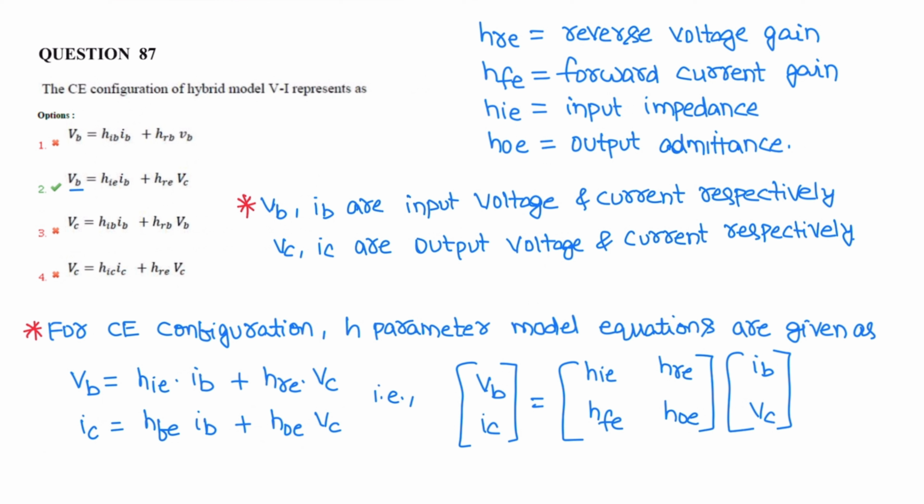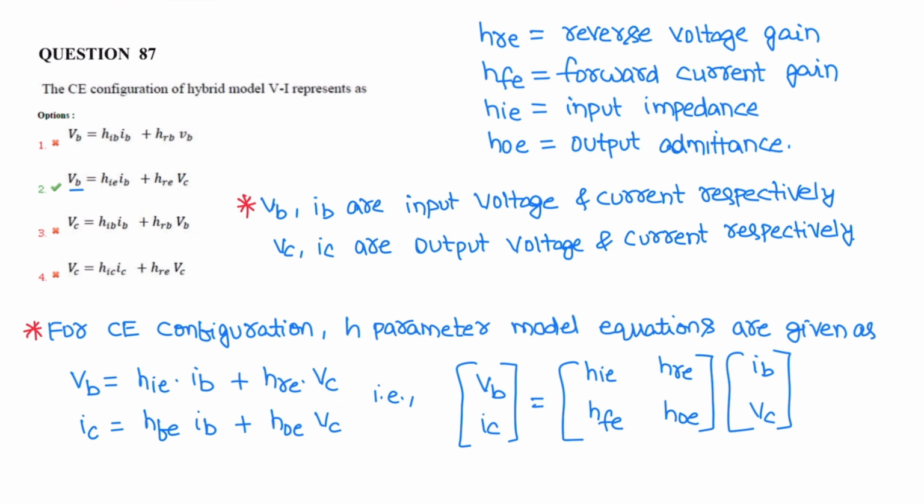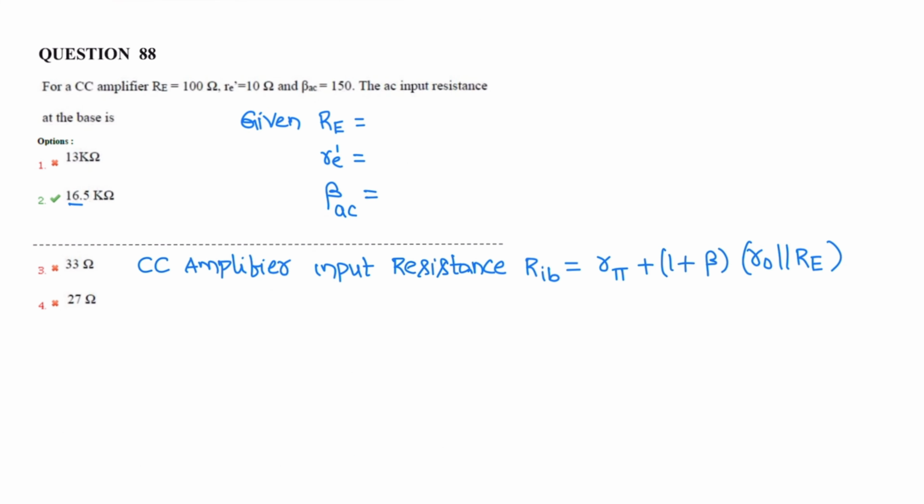In the CE configuration, the hybrid model voltage current characteristics represent VB, which means the input voltage: VB is equal to HIE IB plus HRE VC. Questions 87 and 86 are almost the same. The correct option is 2.